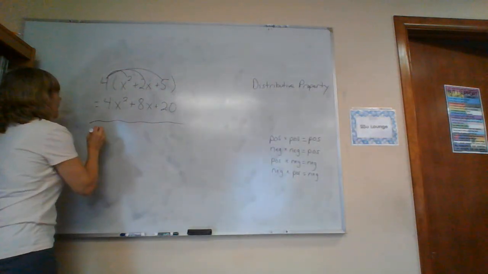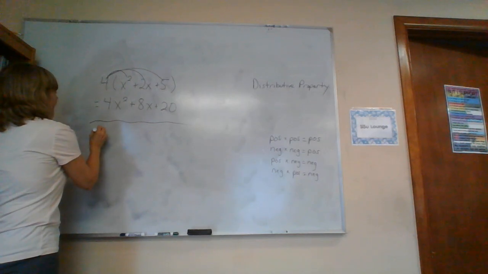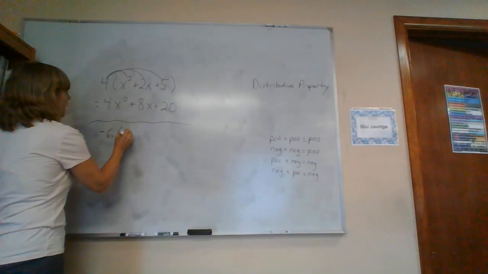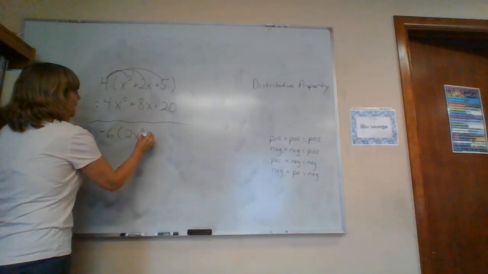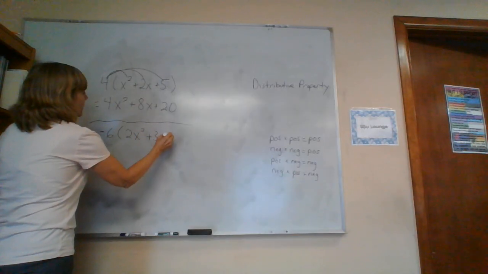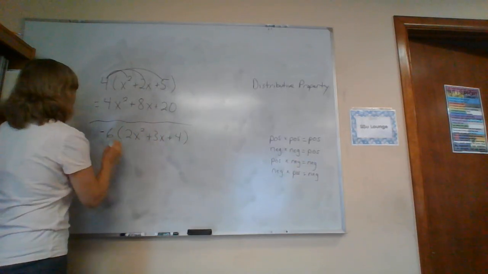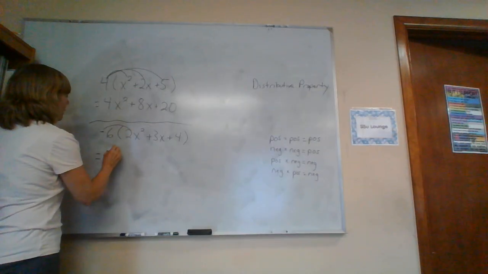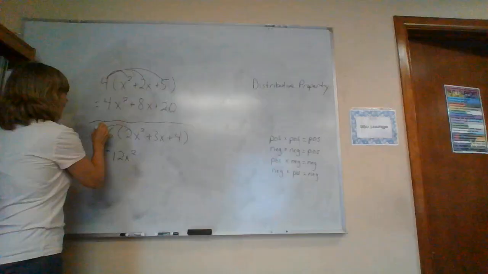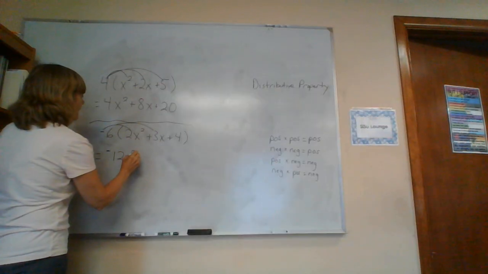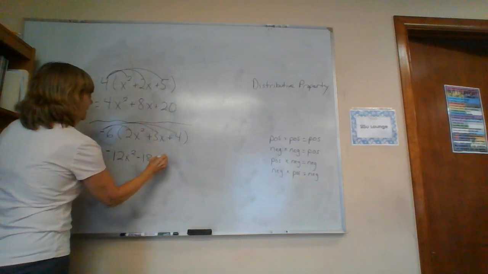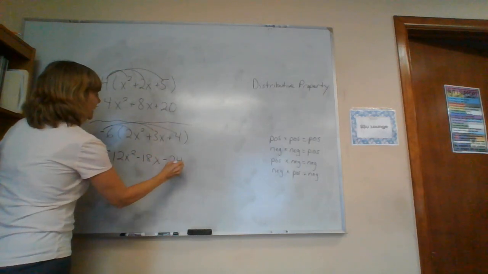I can handle that. Let's suppose I had a negative out here. Let's say I had -6 times, and let's put a coefficient here, 2x squared plus 3x plus 4. -6 times 2x squared is negative 12x squared. -6 times 3x is minus 18x. -6 times positive 4 is minus 24.